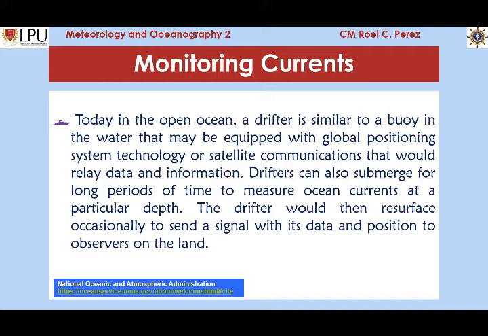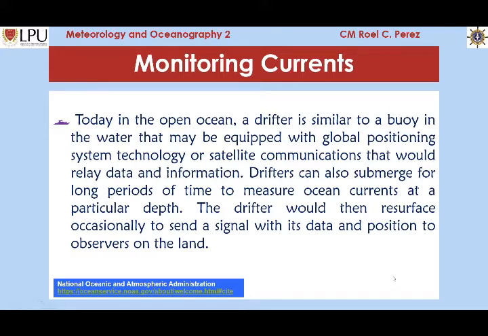So this is sophisticated equipment which is similar to a buoy. These drifters can submerge for long periods of time and only resurface to send a signal with its data and position to observers on land.